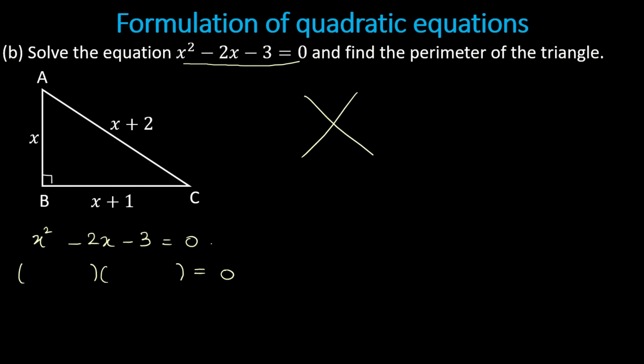Our magic x, the leading coefficient is 1, so 1 times negative 3 is negative 3. Then we take the middle coefficient, negative 2.